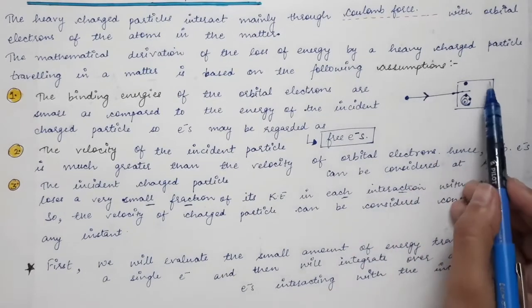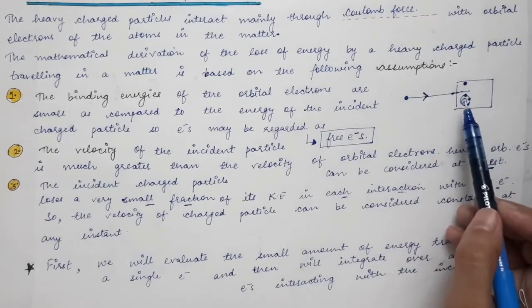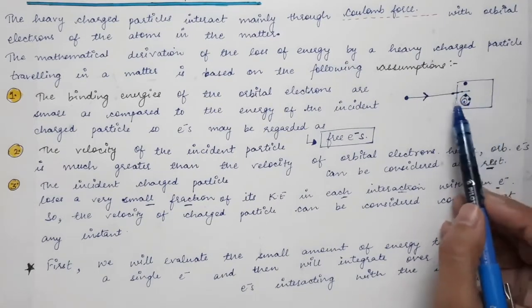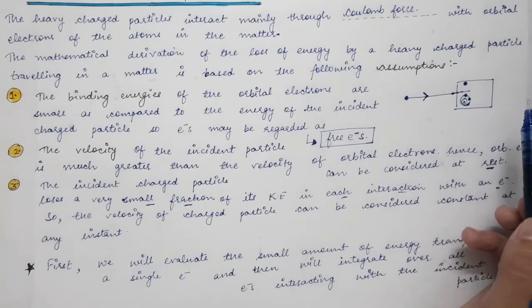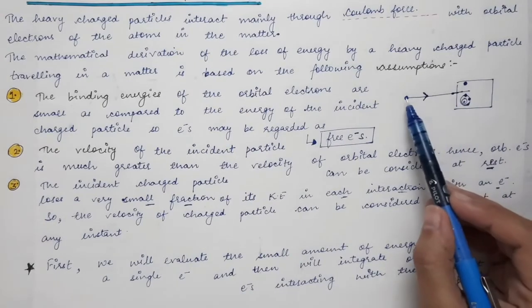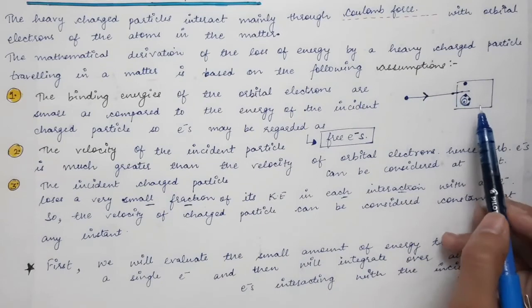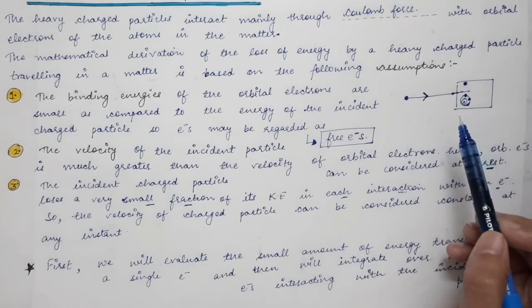This medium is made up of atoms, and each atom has its orbital electrons. These electrons are present in a very large number inside the medium, and this heavy charged particle will lose its kinetic energy to all of them.